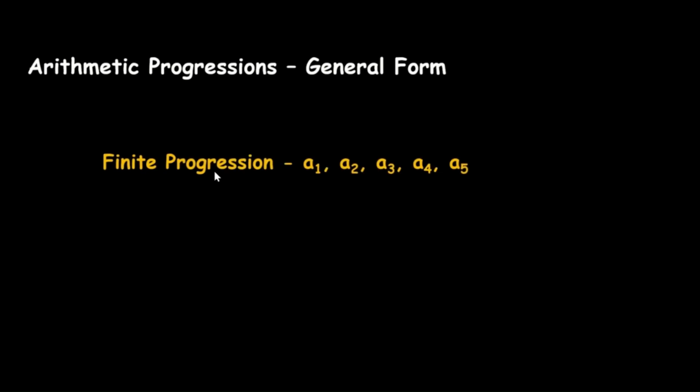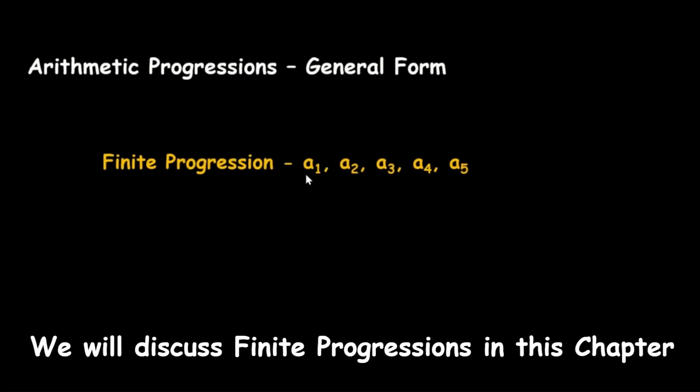Now let us see the general form of an arithmetic progression. There are two types of arithmetic progressions. One is finite progression. What it means is that the list of numbers ends somewhere. So we surely have a last term when it comes to finite arithmetic progressions.